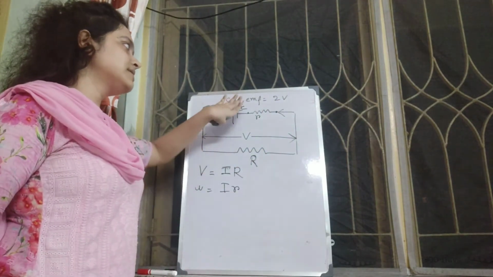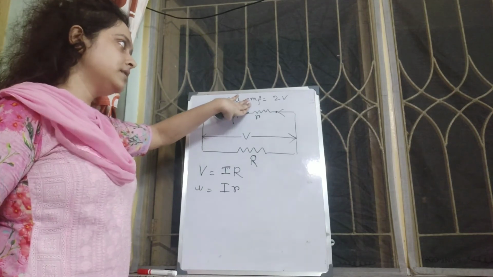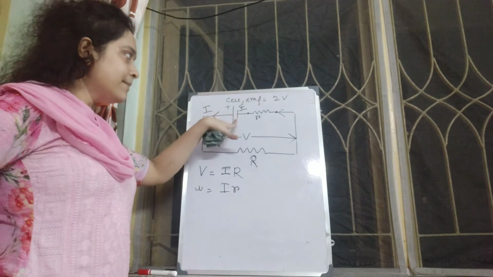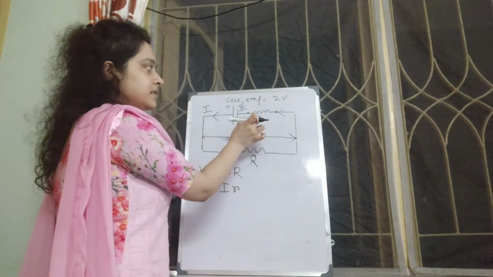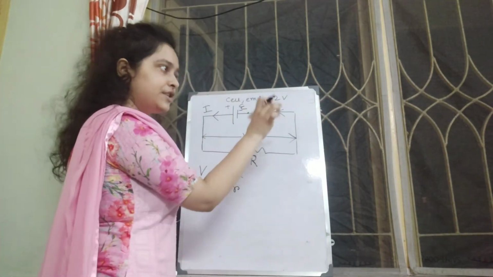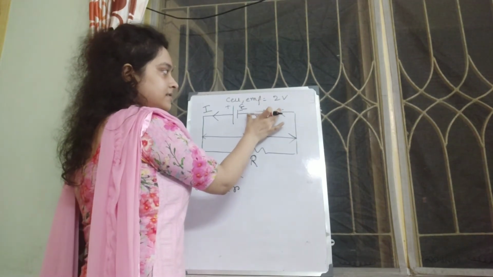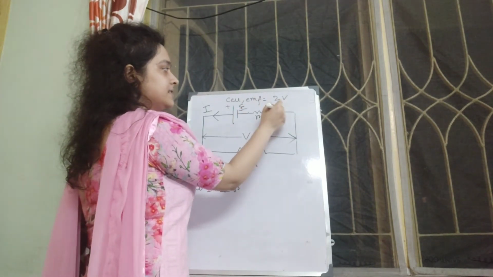This cell has got some EMF, and this is the internal resistance. The EMF gets reduced due to the internal resistance. So what will we find across this?